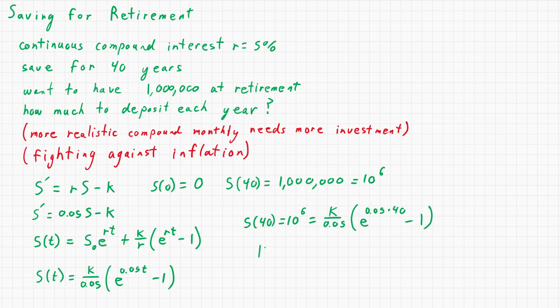So k ends up being 0.05 times 10 to the 6th all over e to the 0.05 times 40 minus 1. So it's approximately 7,825.88.